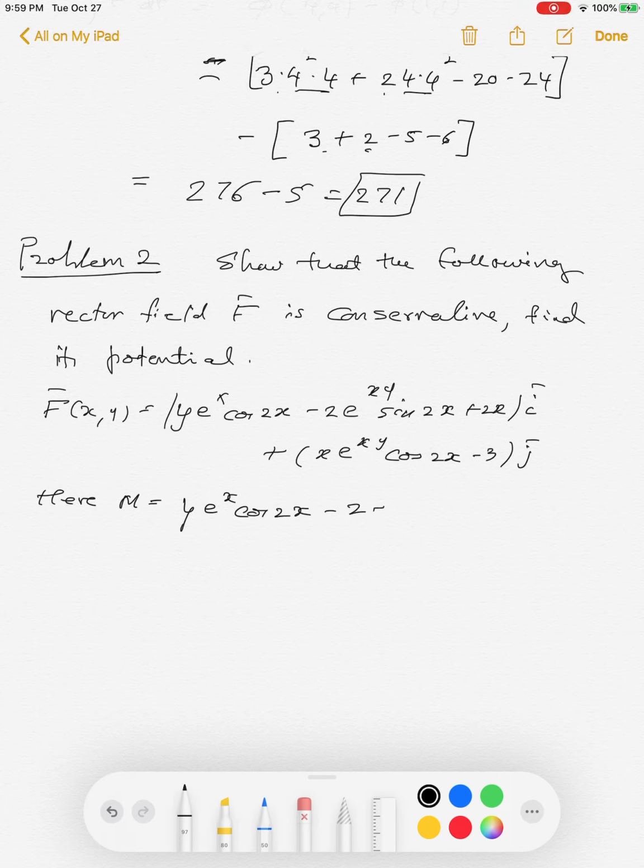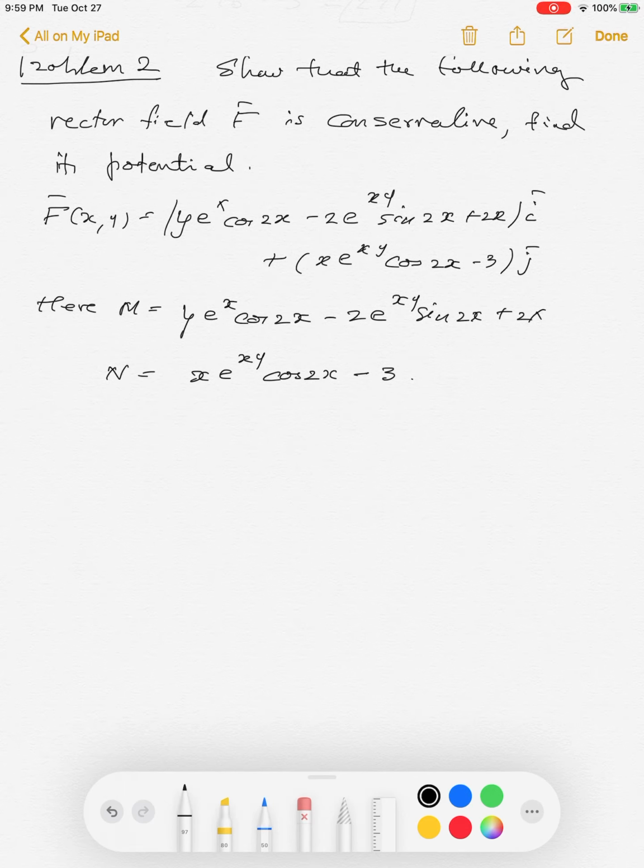So here m is y e to the x cos 2x minus 2 e to the xy sine 2x plus 2x. N is x e to the xy cos 2x minus 3.